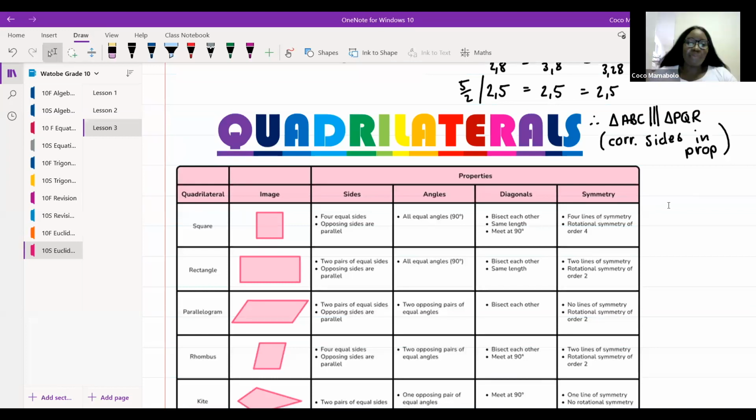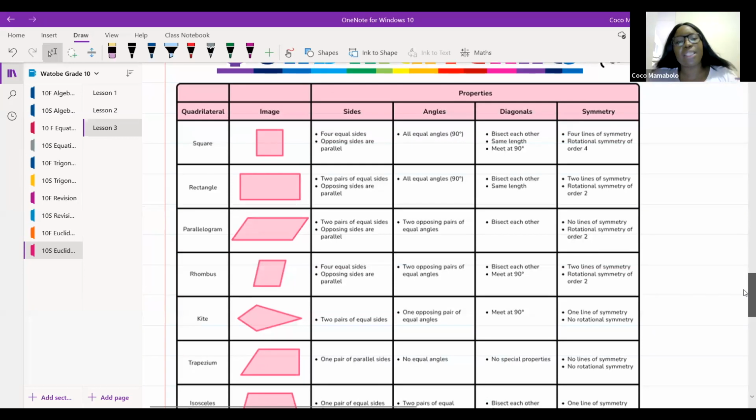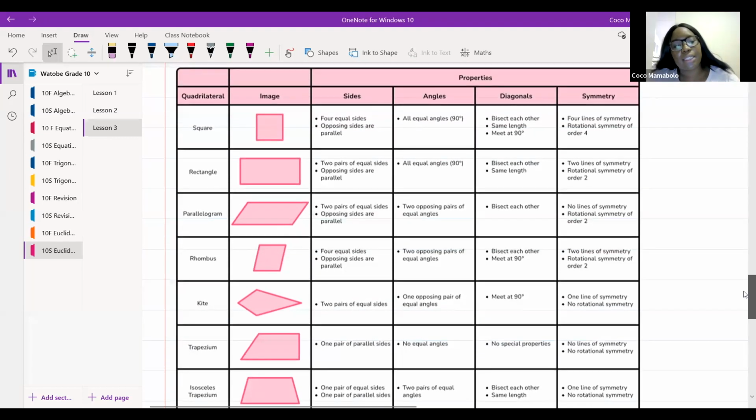But when it comes to quadrilaterals, they need to be studied to be known. We need to study them in order to know them.